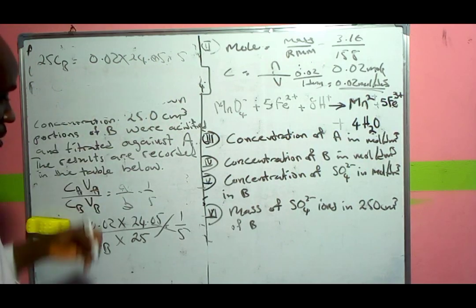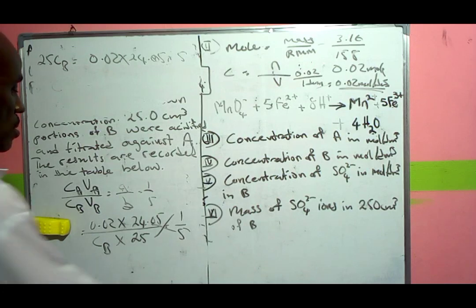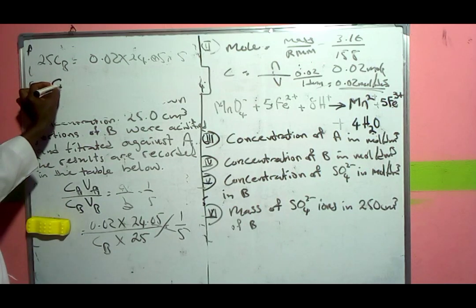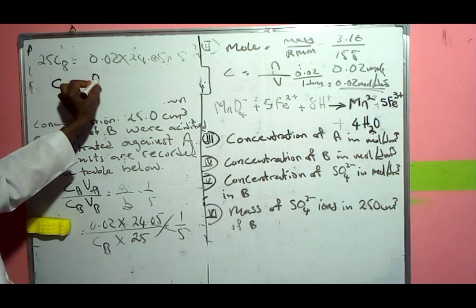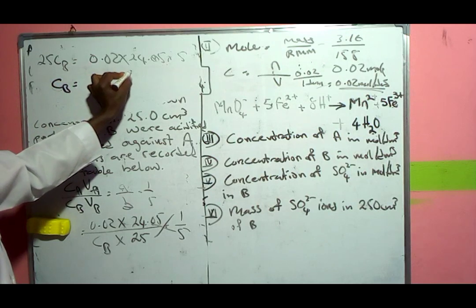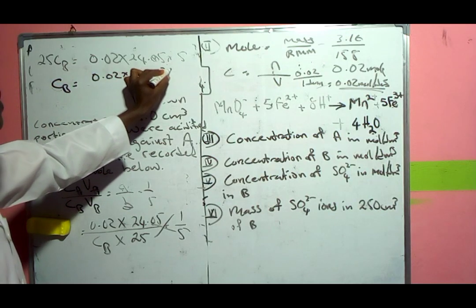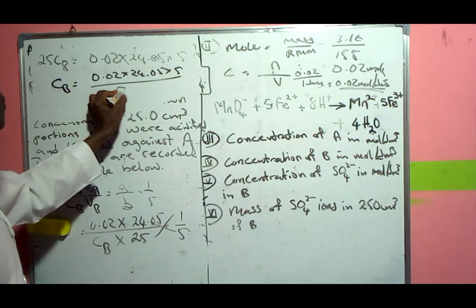So CB will then be 0.02 times 24.05 times 5 all over 25.